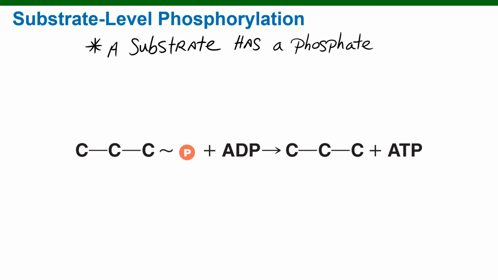Phosphates in this figure are abbreviated with a P and a circle around it. And so that phosphate will be donated to ADP to form ATP.